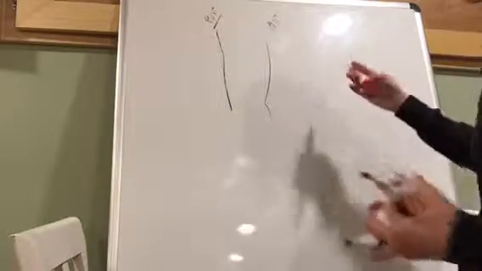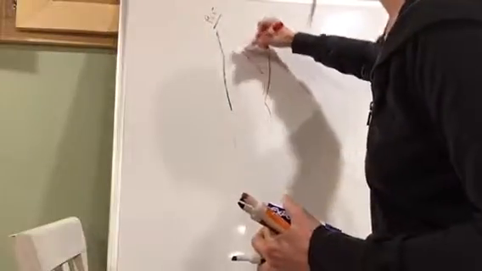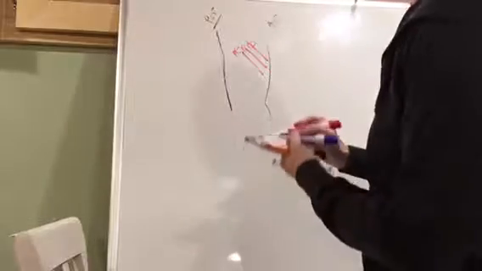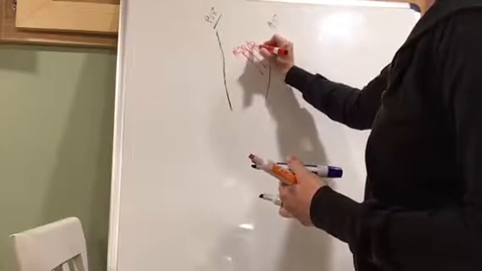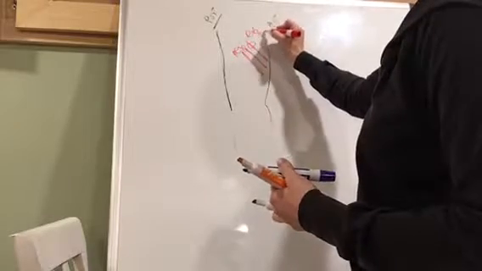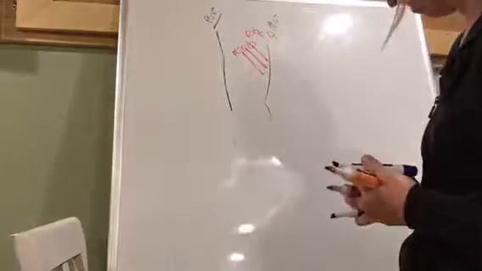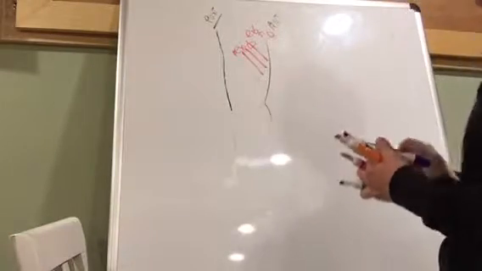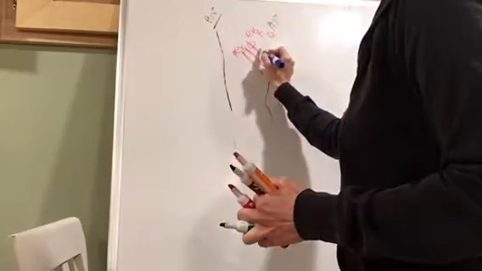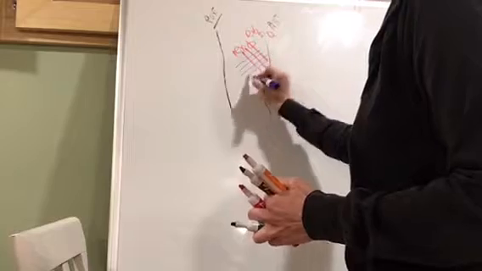For your external oblique, they run like this, and they are around ribs 5 through 12. Now your internal oblique, they go the opposite and they kind of overlap a little bit.